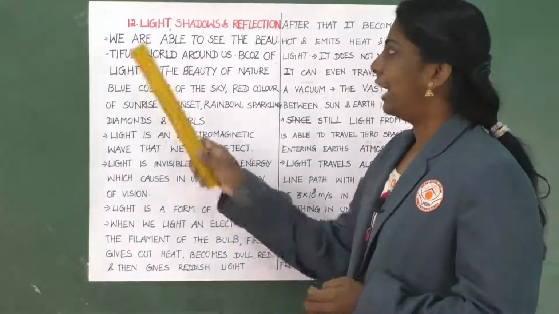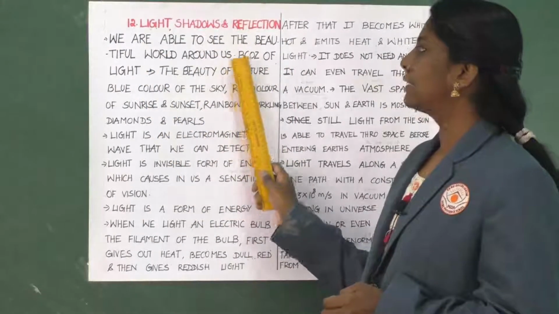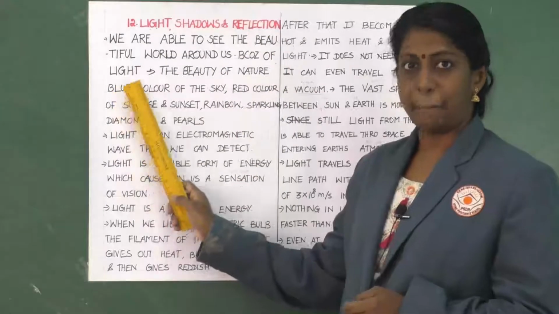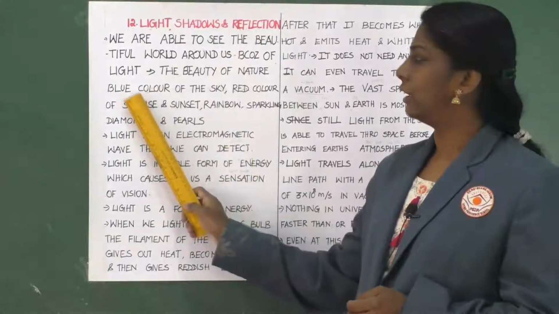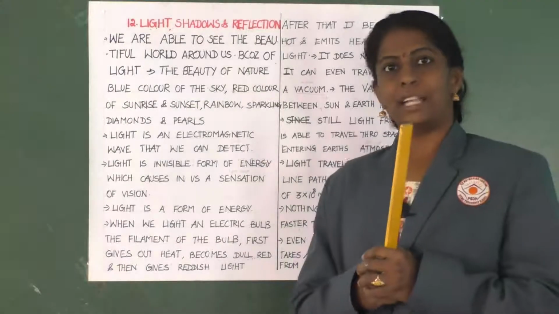We are able to see the beautiful world around us because of light. We are able to see the objects only because of light.